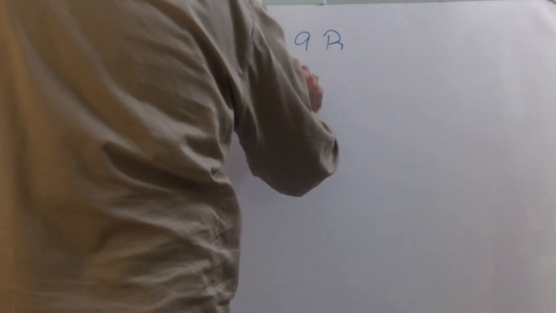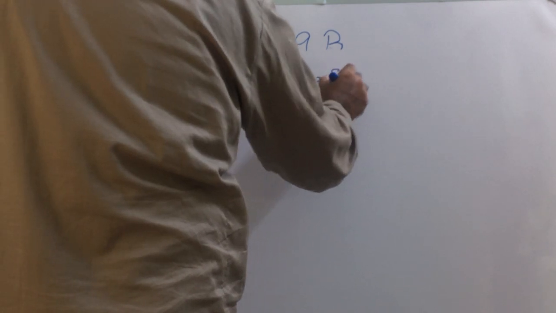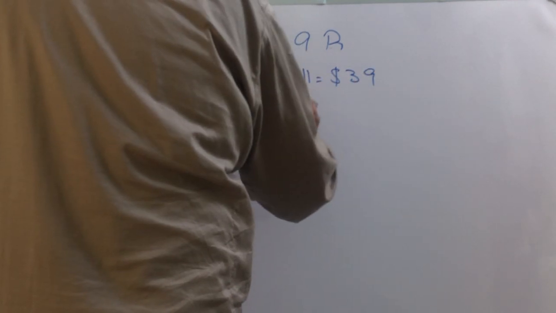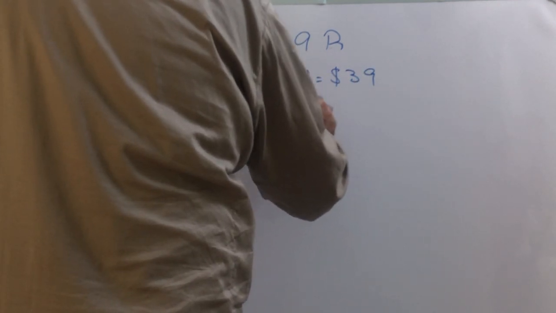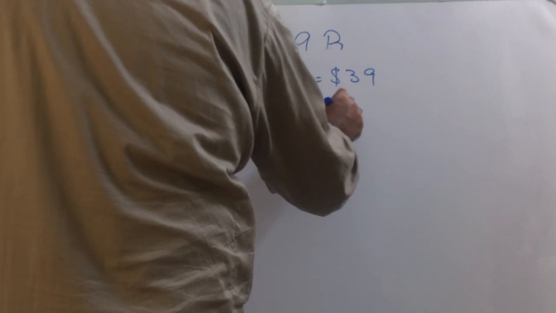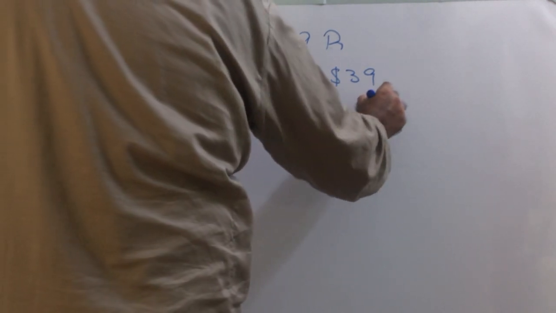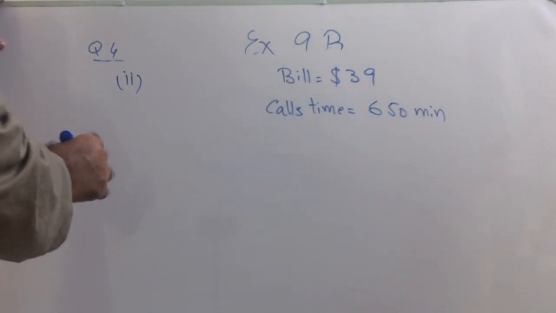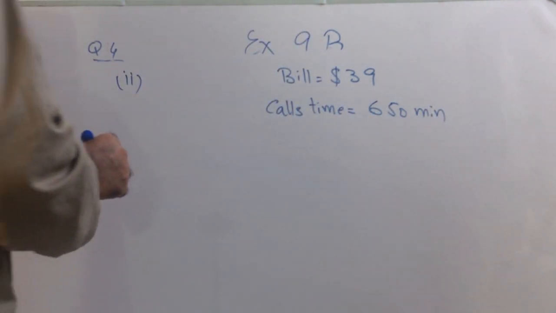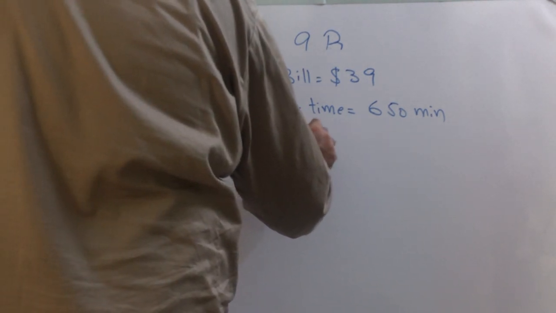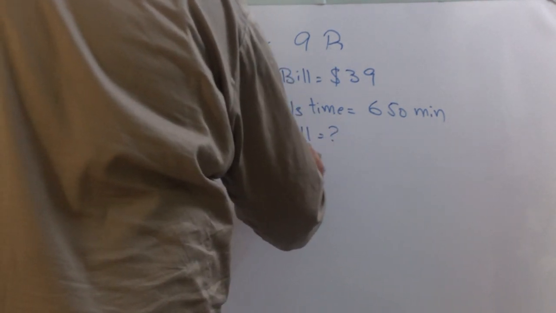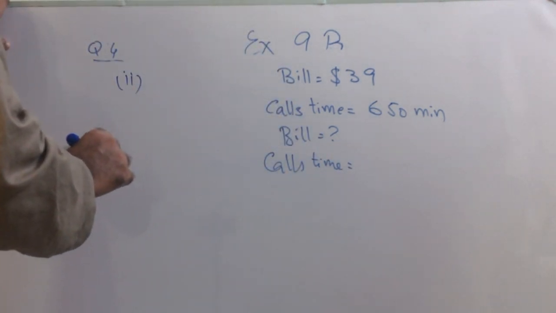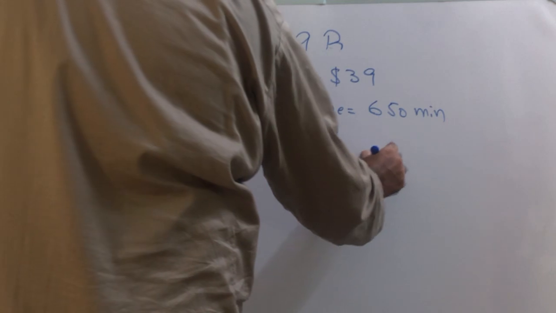So the bill was $39, calls time was 650 minutes. Now we need to find the bill if calls time is 460 minutes.